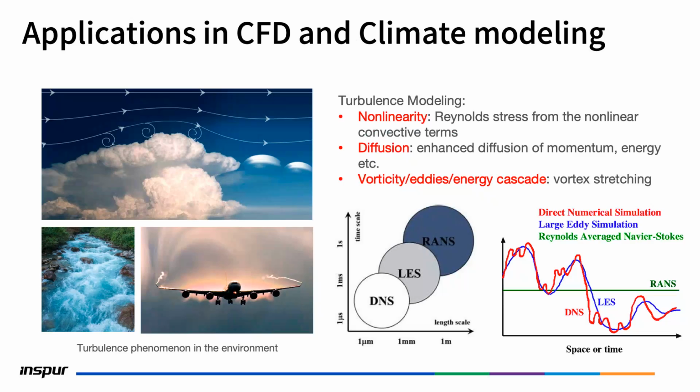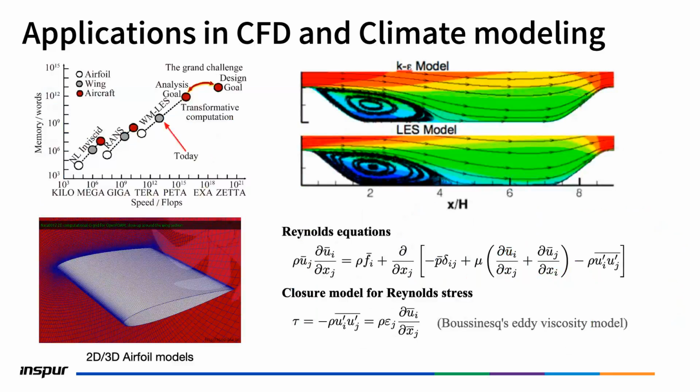The main difference among these three approaches is the resolution of scales. From the right figure, we can see the velocity fluctuations of different models change with time. So LES and DNS provide more accurate results. They are also very computationally expensive and more suitable for fundamental studies.